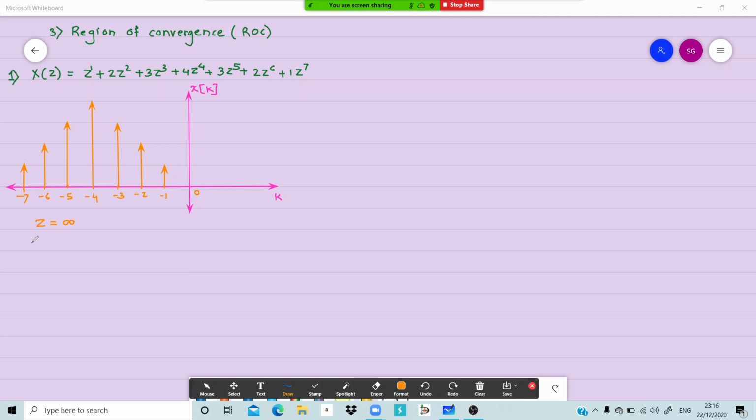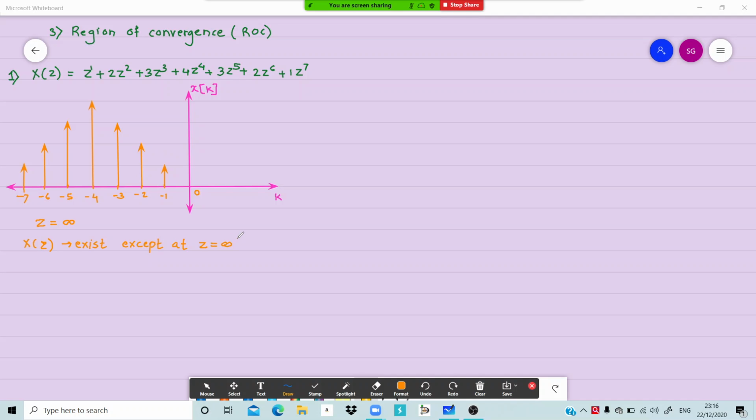So we'll write: this function X(z) exists except at z equal to infinity.